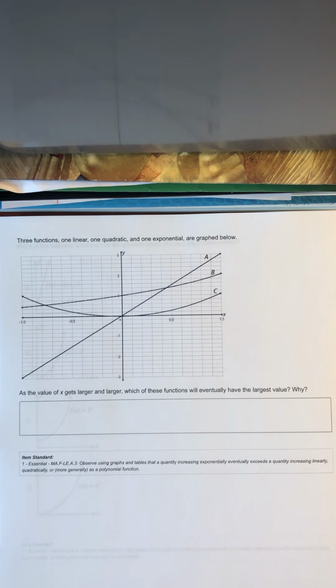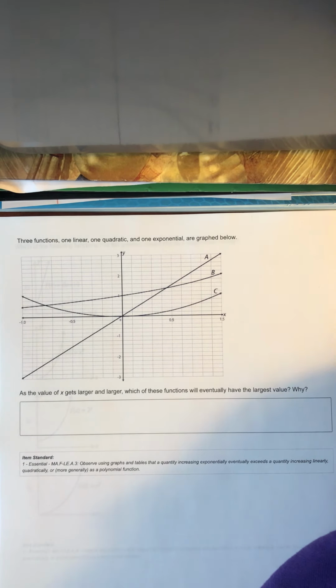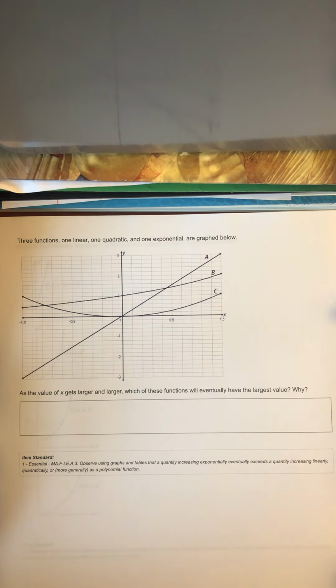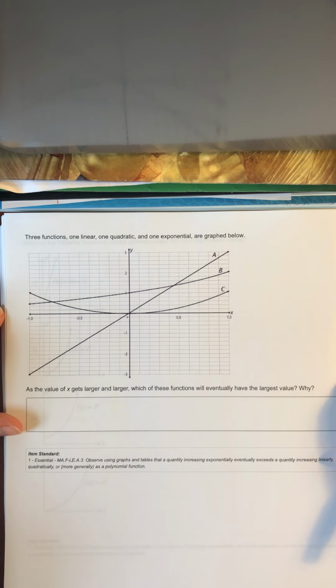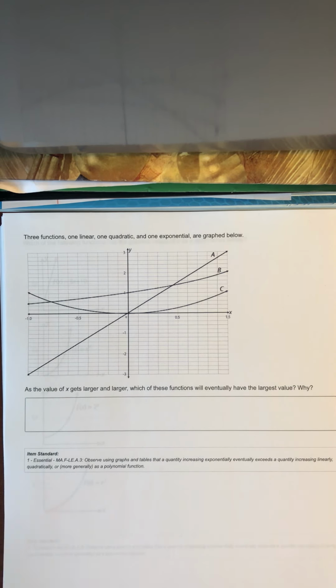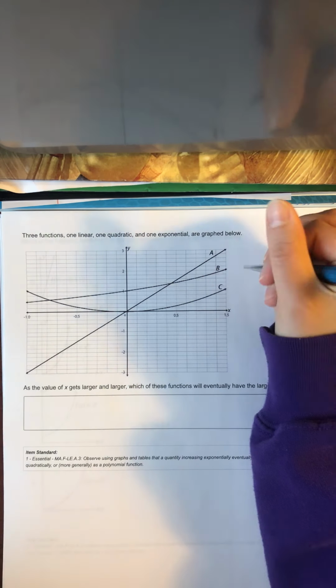Okay, this one. 3 functions, 1 linear, 1 quadratic, 1 exponential are graphed below. As the value of x gets larger and larger, which of these functions will eventually have the largest value? Okay, so for this, my linear function is a.